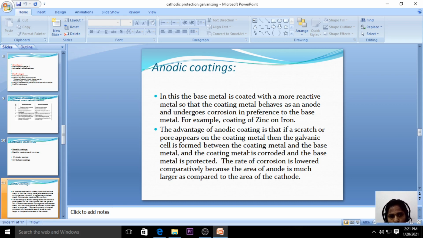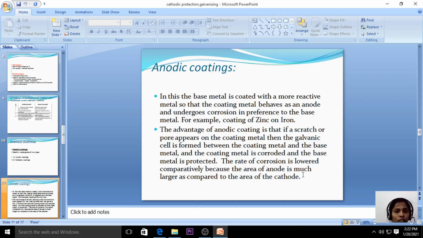When the top metal has cracks or pores, the base metal is also directly exposed to the environment. That means the cathode is exposed to the environment. But we know that when the cathode is exposed to the environment, there is no corrosion. That means the base metal never undergoes corrosion, but only the coating metal undergoes corrosion in anodic coating if the coating metal has cracks or pores.